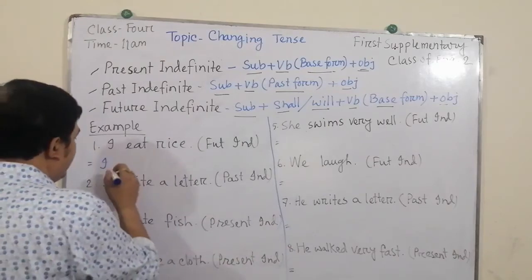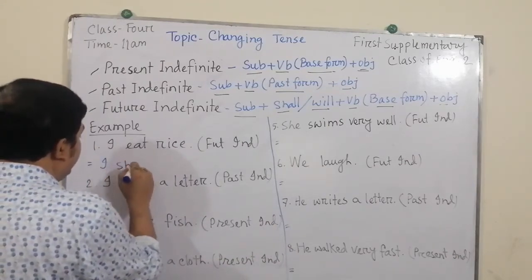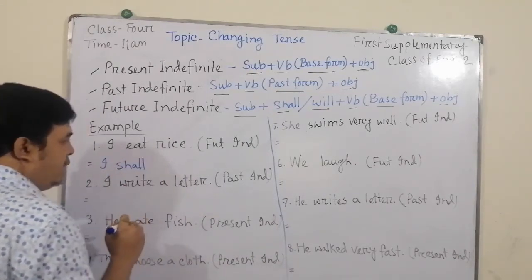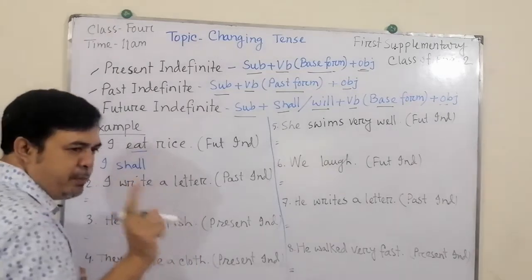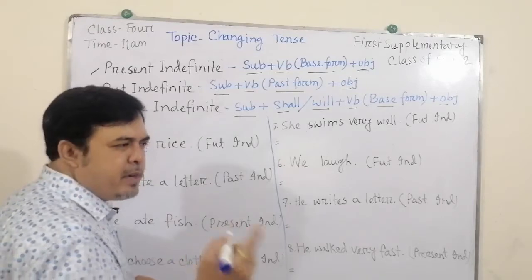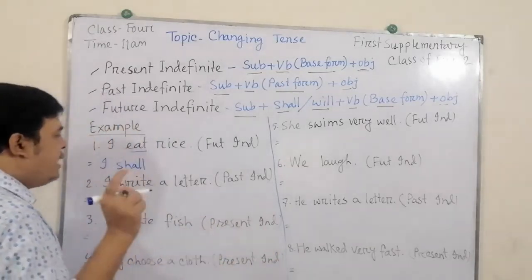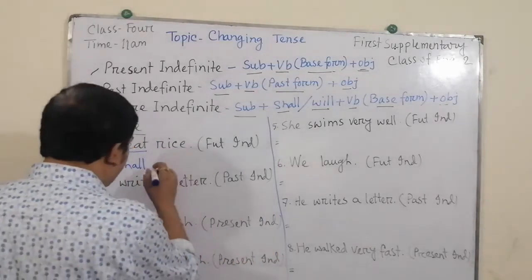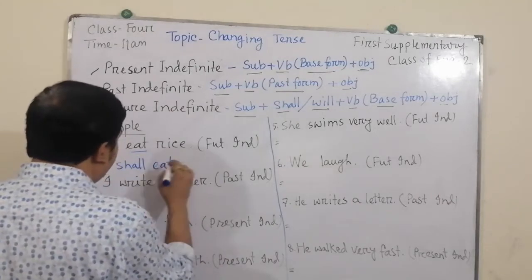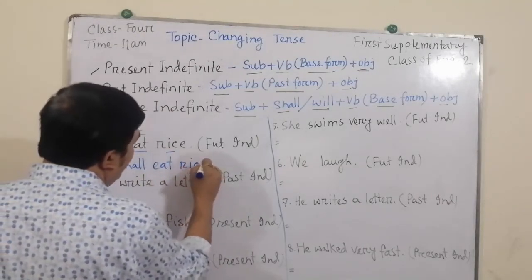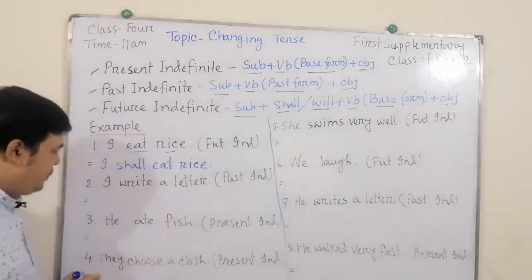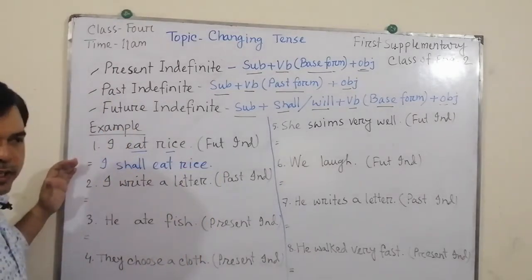I have taken shall, I shall. Then the verb eat. Is it the base form, the past form or the past participle form? Eat is the base form, so we don't need to change it. I shall eat, and the object rice will also be unchanged. So our work is finished.